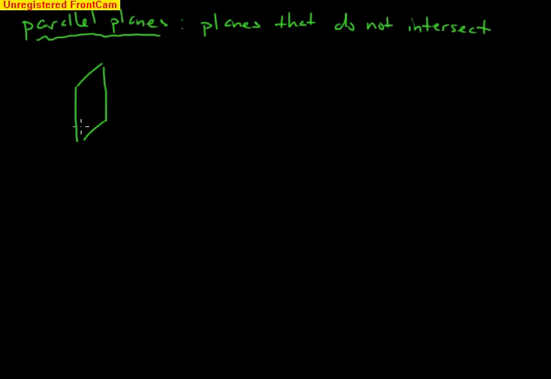Here, we'll call this plane P again. And then we'll draw a plane exactly the same way. It has to be slanted exactly the same way, almost two identical planes. Let's call this plane Q. So we would say that planes Q and P are parallel as well.